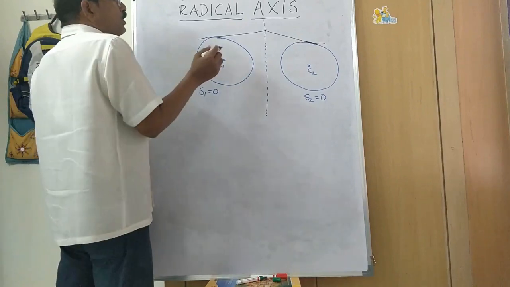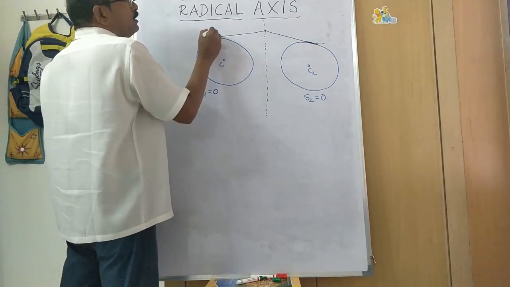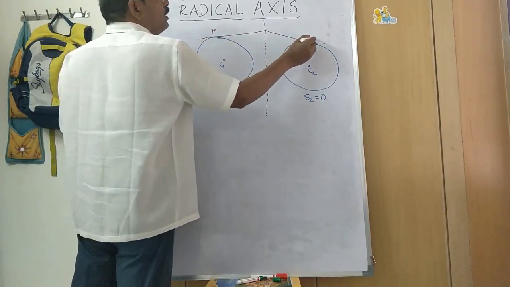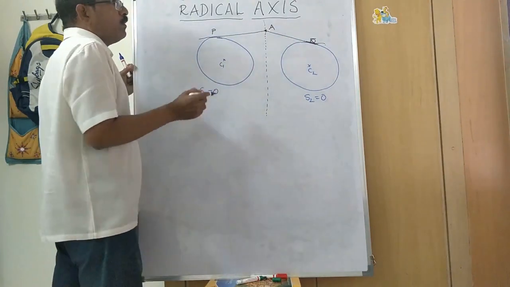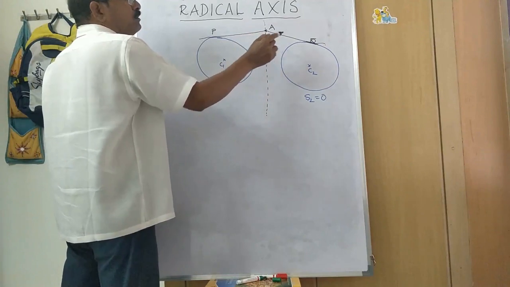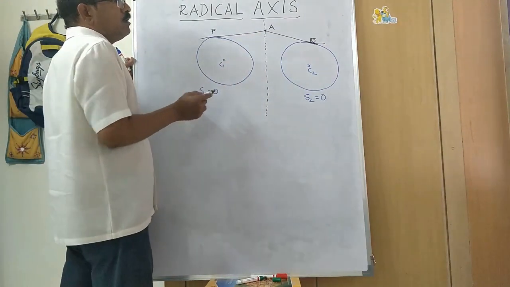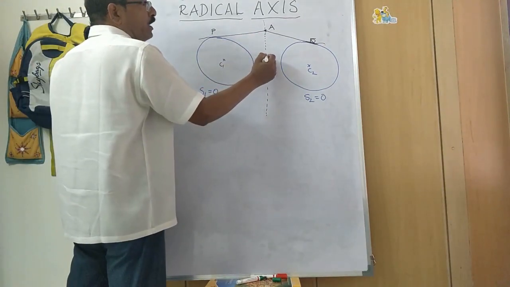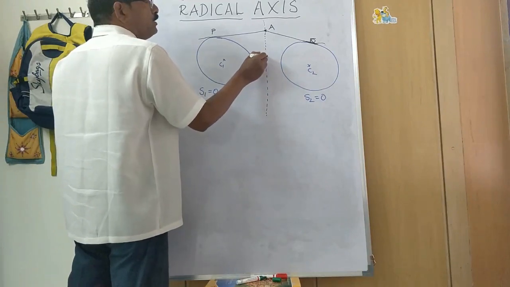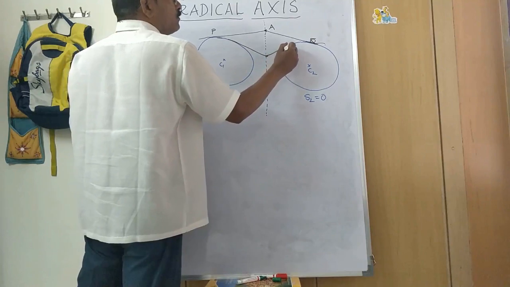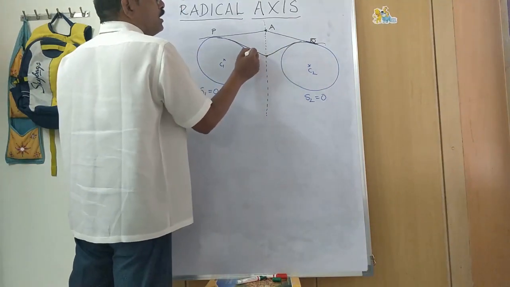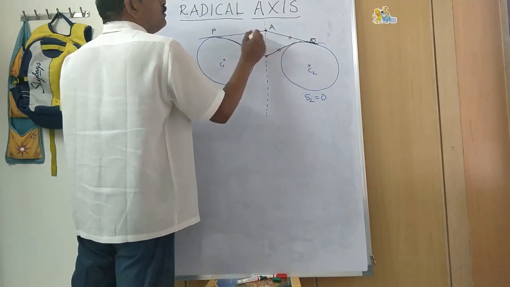Okay, suppose here I have P and here I have Q. Say this is A. When AP is equal to AQ, from any point, if I draw a tangent to both the circles, the length of the tangent should be equal.